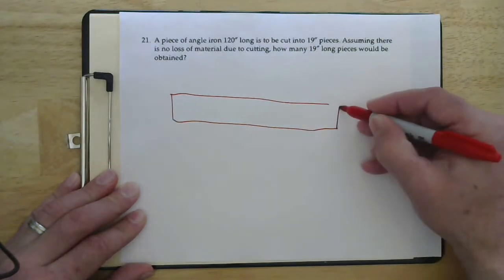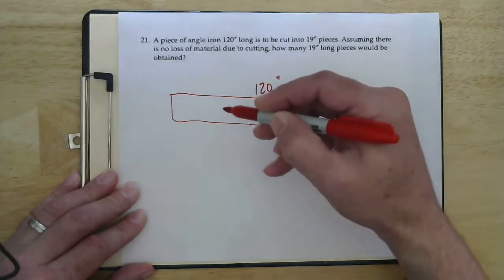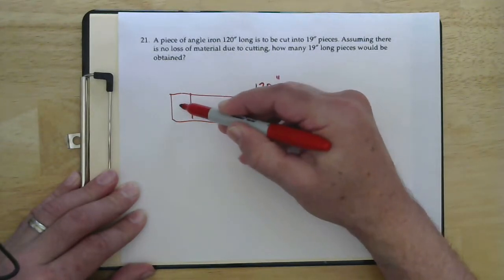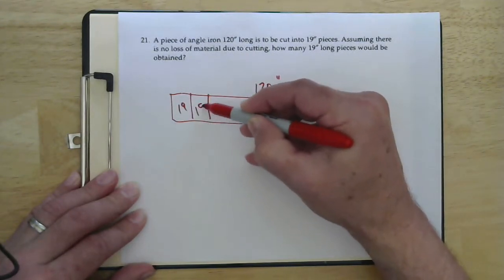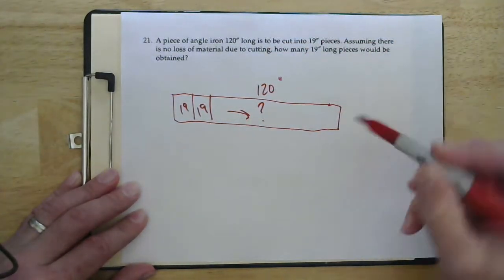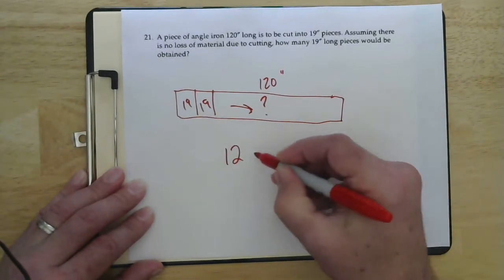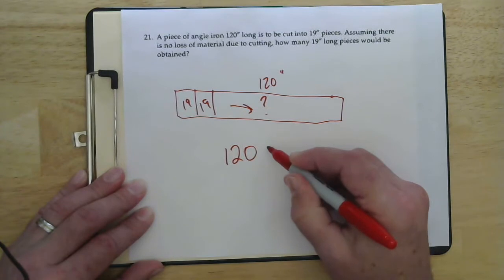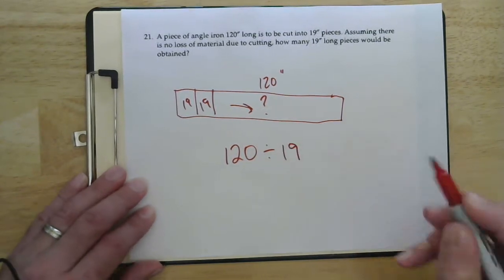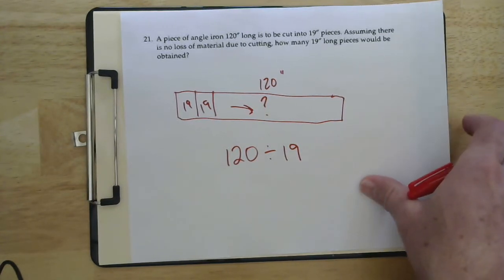I've got a 120-inch long piece, and I'm cutting it into 19-inch pieces, and I want to know how many of those would fit in this 120 inches. So that means this is a division problem. It's 120 divided by 19. I'm trying to figure out how many 19 inchers will fit inside that 120 inch piece of angle iron.